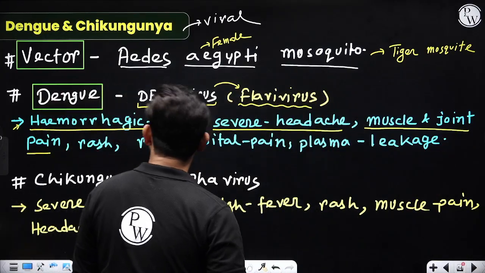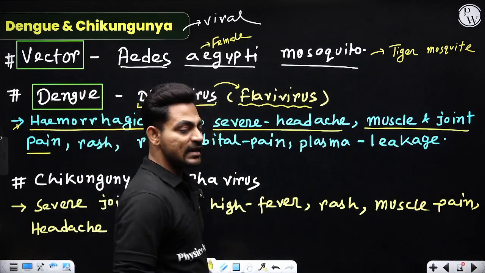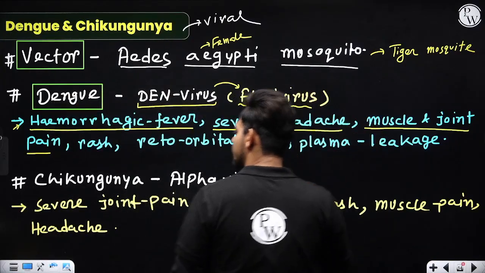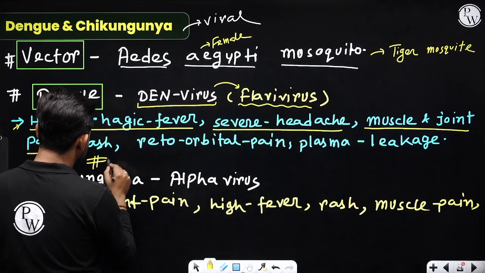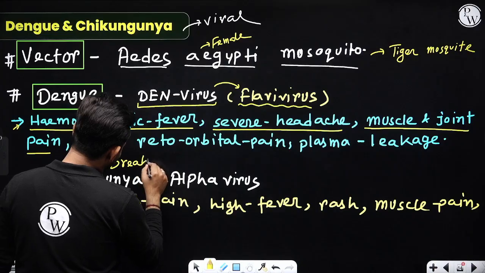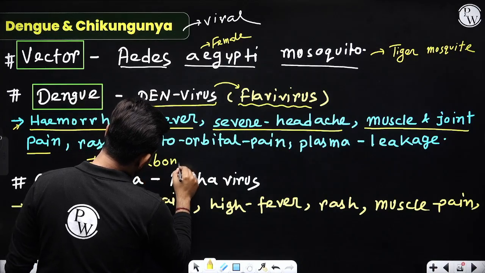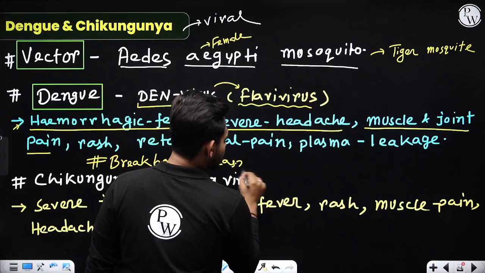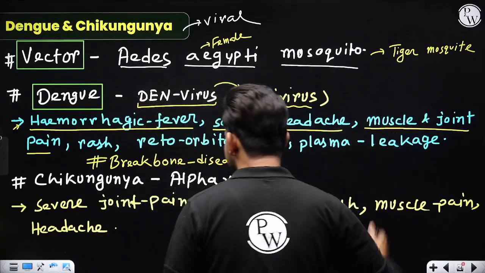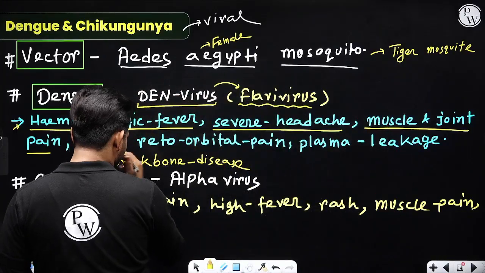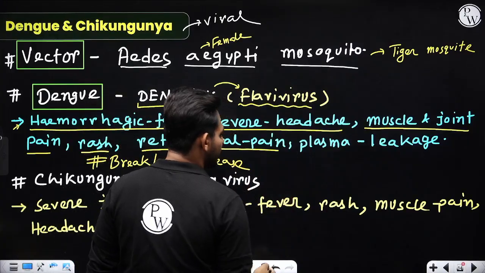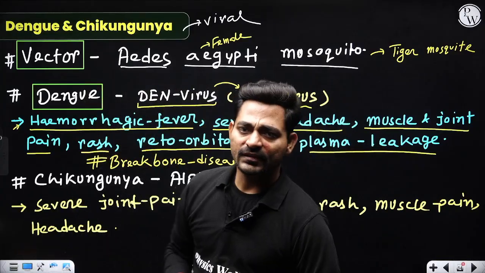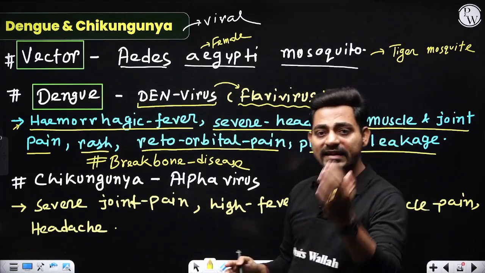So that's why sometimes we call this dengue as break bone disease, because there is severe muscle and joint pain, rash on body and retroorbital pain, and there can be plasma leakage. Sometimes a severe condition of dengue can even lead to death.